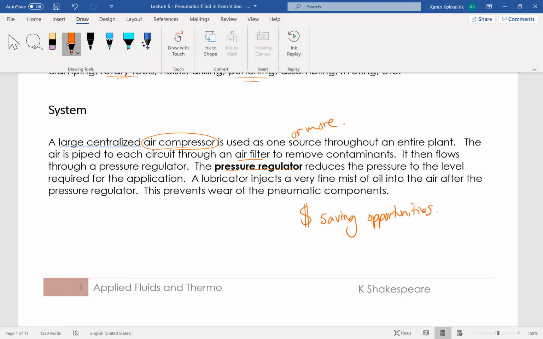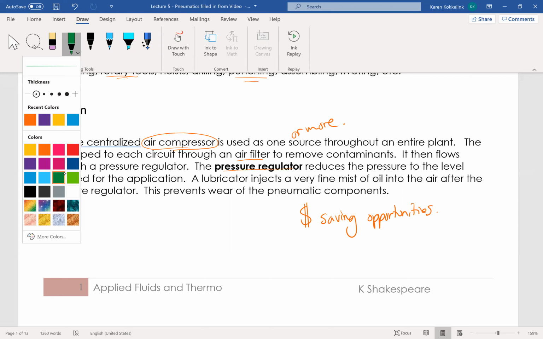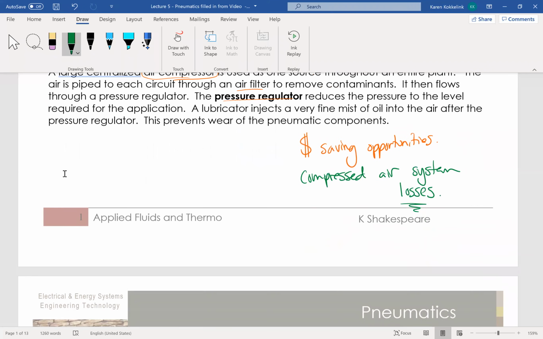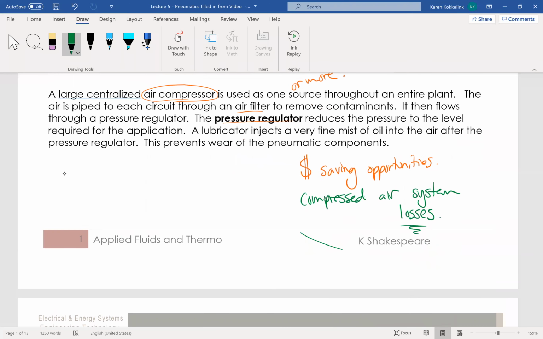Compressed air system losses are very costly. If you calculate the amount of money that is spent in compressed air system losses, it actually works out to be the most expensive utility that is used in an industrial process. But we get to this more in second and third year.